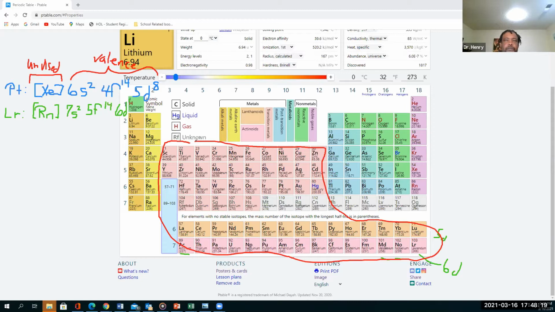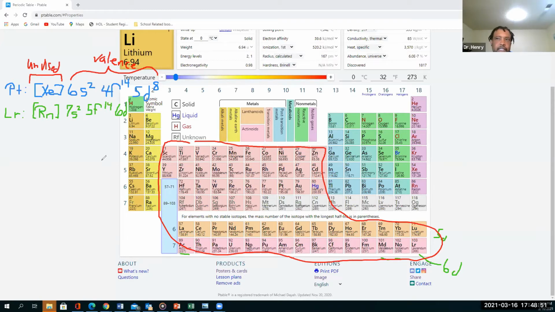Because they have the d and the f orbitals, their valence electrons are going to be a little different than others. So it's a little harder to scope out that valence, and the valence for them is different from the valence for our non-metals and our alkali metals, these guys over here and these guys over here.